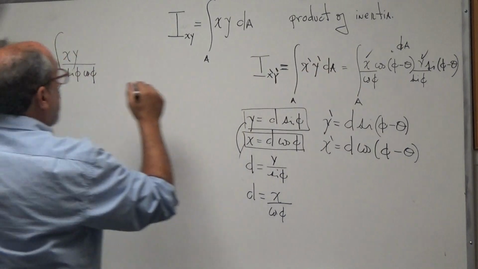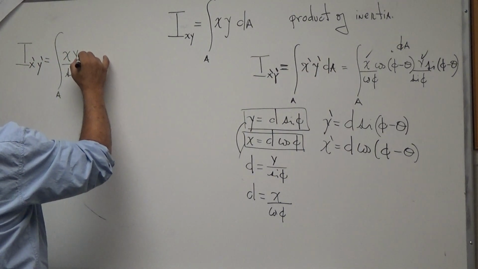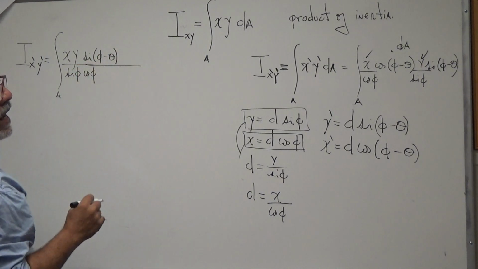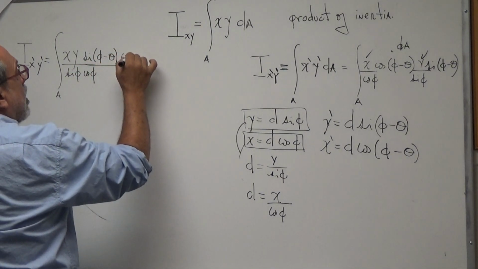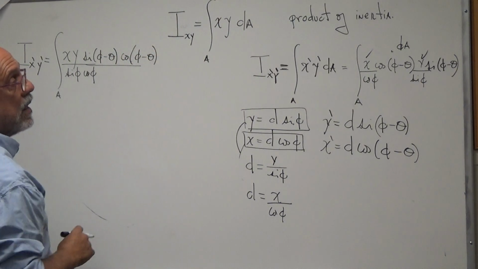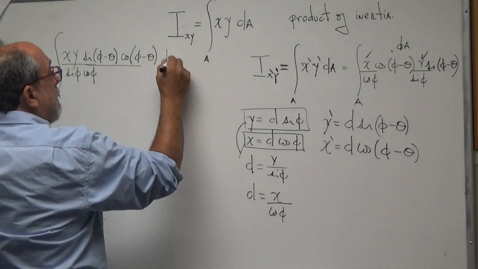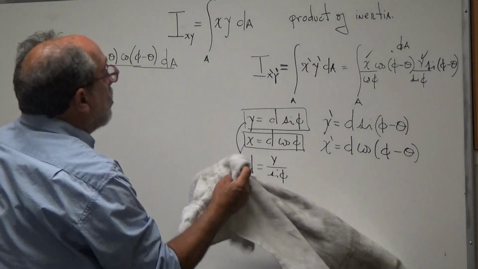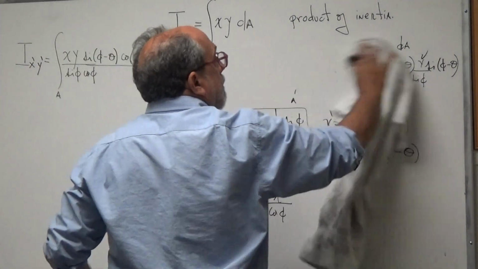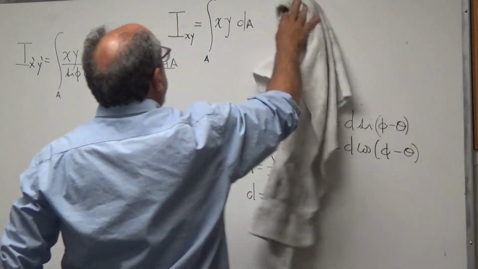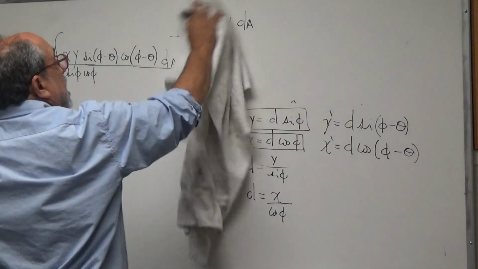And in the numerator I have sine of phi minus theta times the cosine of phi minus theta times dA. Right? That's x prime y prime. So we can take that off, because that's just what I copied back with a little more organization. Take this off.